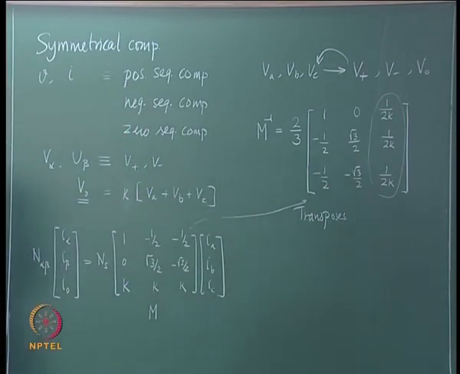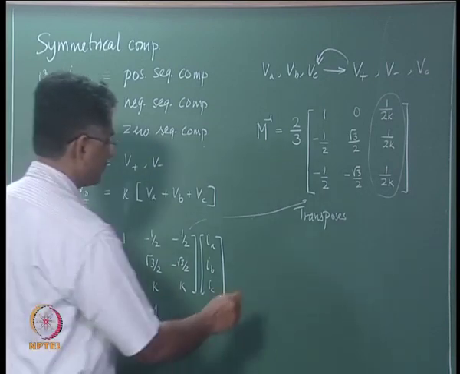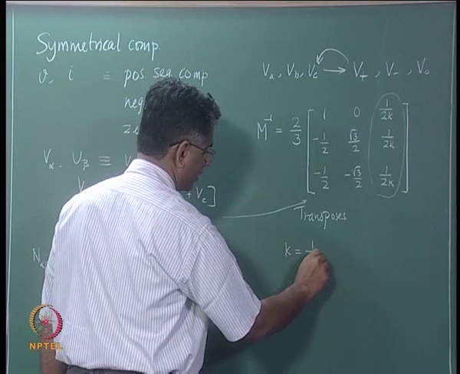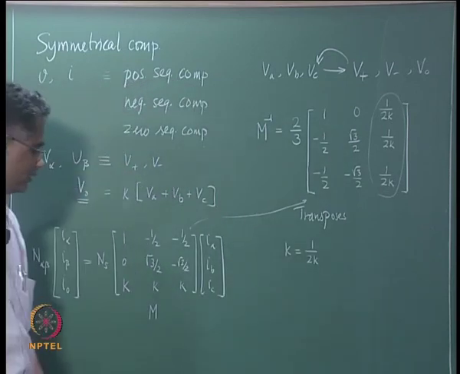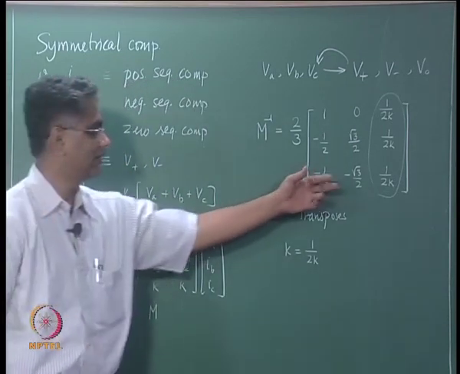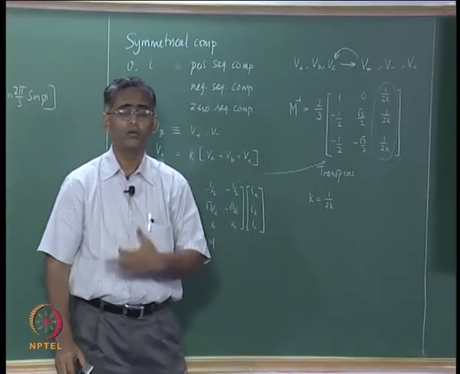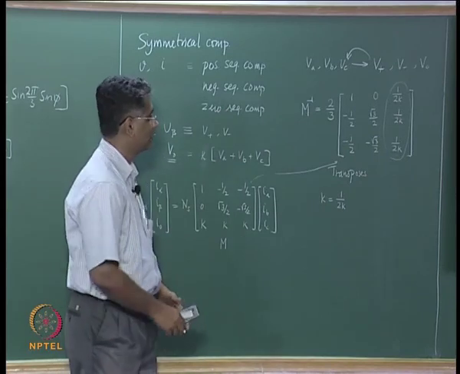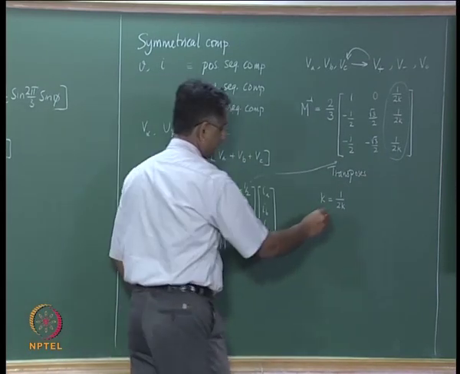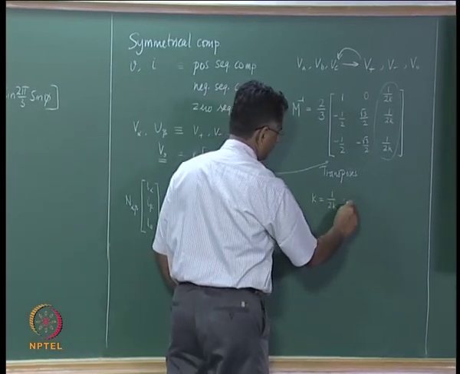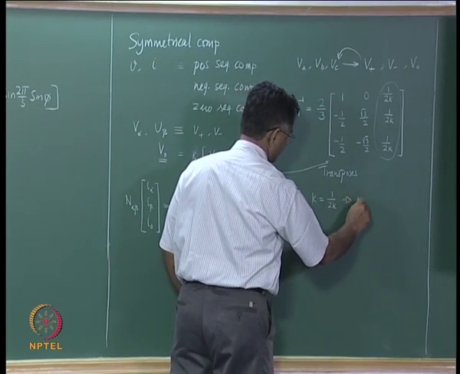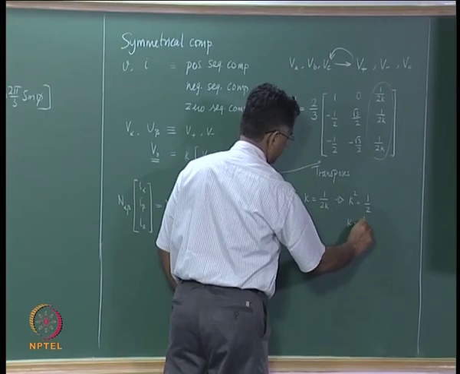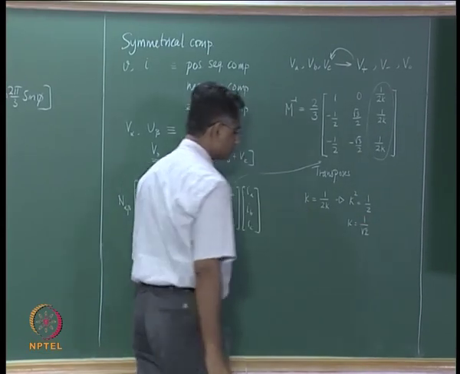If you really want it to be so, then what we have to do is set k equal to 1 over 2k, then this matrix and this matrix will really be M and M transpose, except for this number 2 by 3. And therefore if k has to be equal to 1 over 2k, what we are saying is k square is half and k therefore equals 1 by root 2.